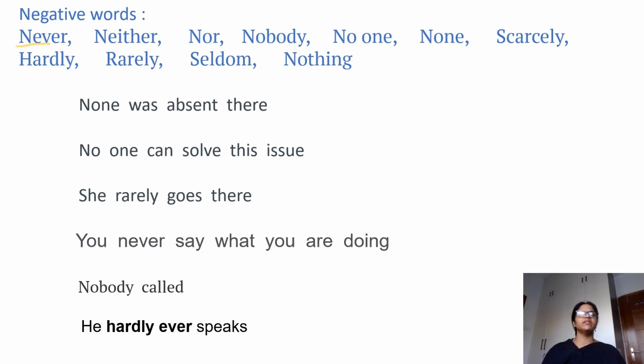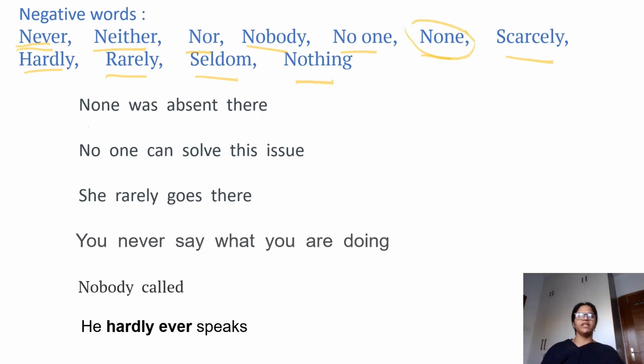Negative words are like never, neither, nor, nobody, no one, none, scarcely, hardly, rarely, seldom, and nothing. Since the statement is negative, we need to form a positive tag.